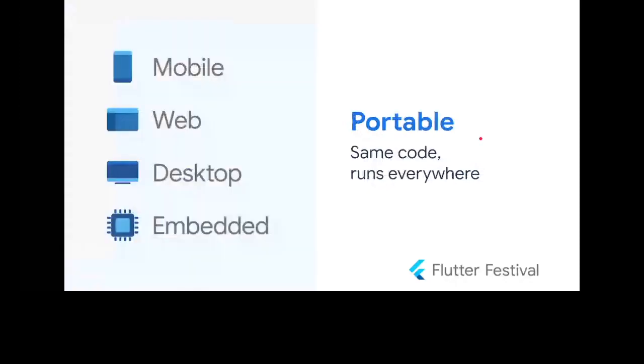So the next thing is portable. As I said, the same code runs everywhere. Say you're developing an application for an Android device, spending a month or many months, but you have more customers for iOS also. You have planned to extend your application's popularity to iOS users also.